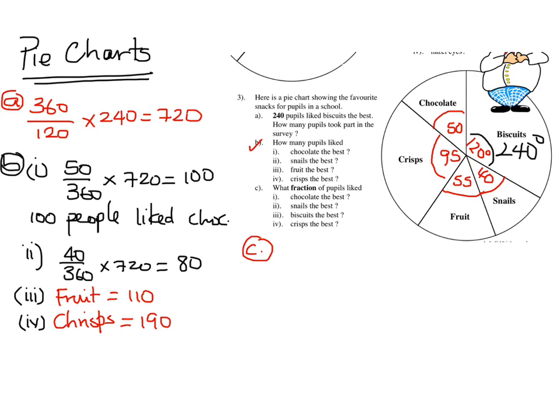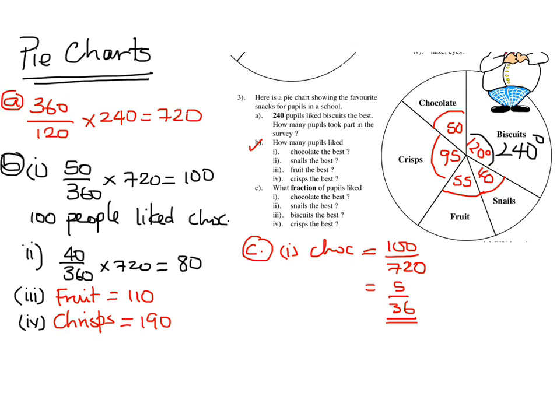So the fraction of people that like chocolate is going to be 100 divided by the total amount of people who did the survey, which is 720. And all you need to do is just break that down into a simple fraction. You can leave it as that if you want, but it's better to break it down to 5/36. So that's the fraction of people that liked chocolate best.